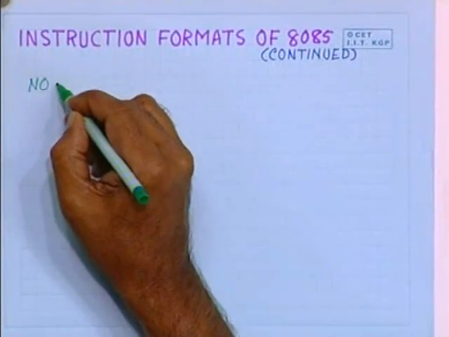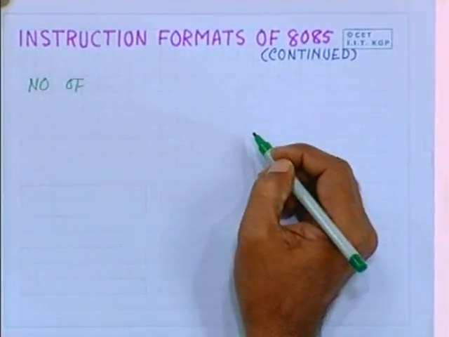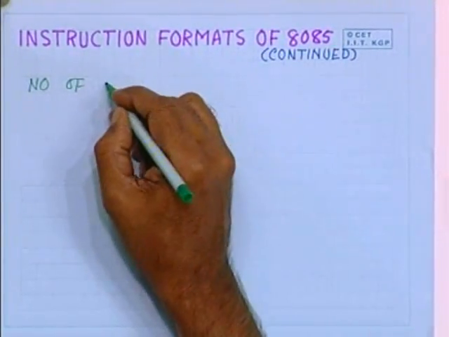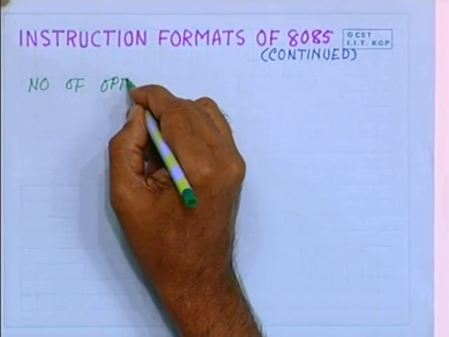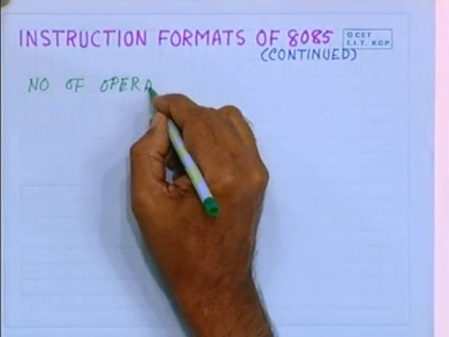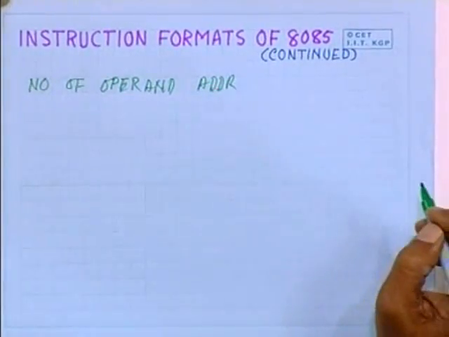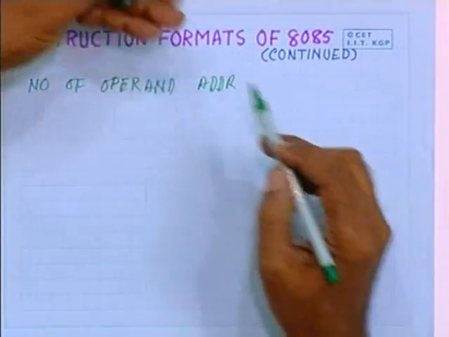Now, apart from specifying formats in terms of number of bytes, there is another way of doing it: by number of operands, that is, the number of operand addresses it specifies.